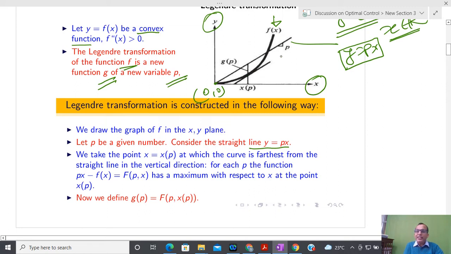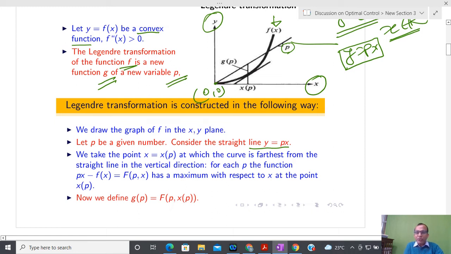Now how are we deciding p? Because I am going to transform this whole function f into some function g where the new variable is p, I have to establish some kind of correlation between p and x. So how are we selecting p? We are selecting x equal to x(p), at which the curve is farthest from the straight line.